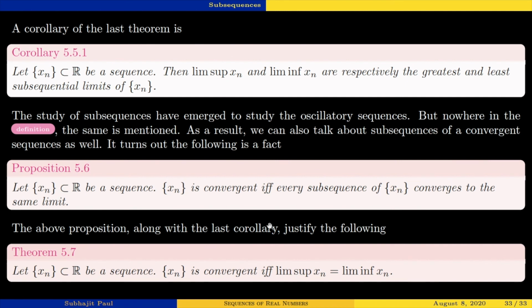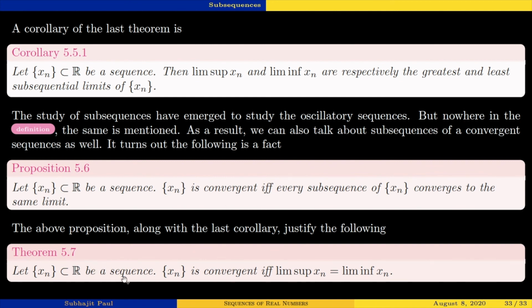So if we apply the restriction that both of them are the same, then all the subsequences are converging to the same limit, because this is the highest, this is the smallest, and these two are merging together. So every subsequence must converge to the same limit, and therefore this proposition says that it has to be convergent.